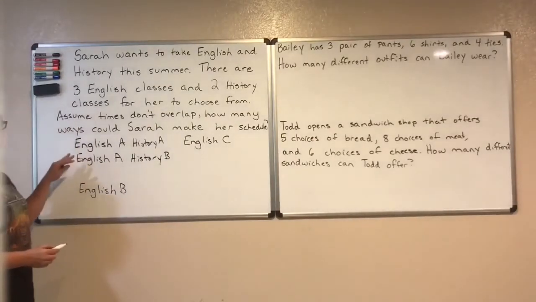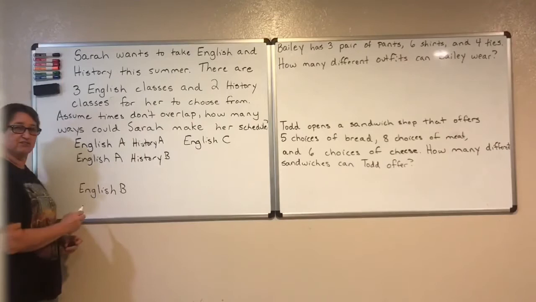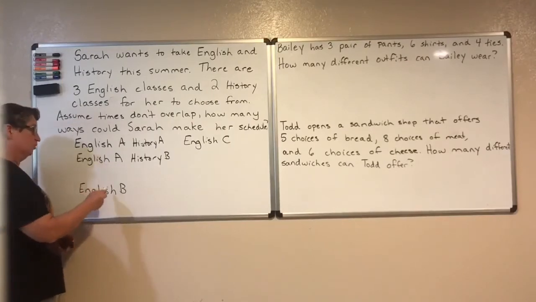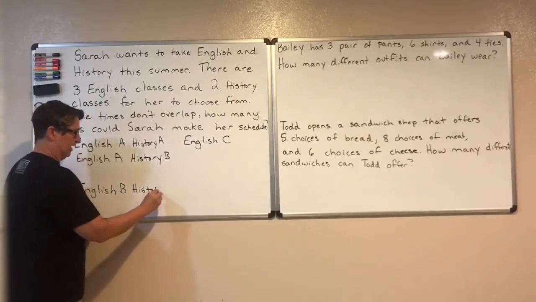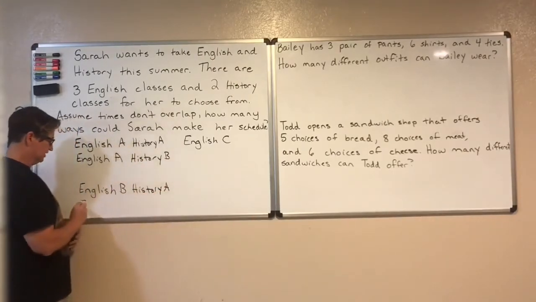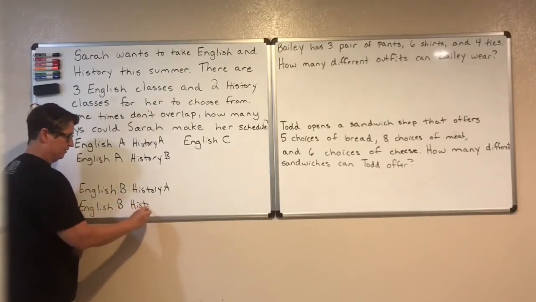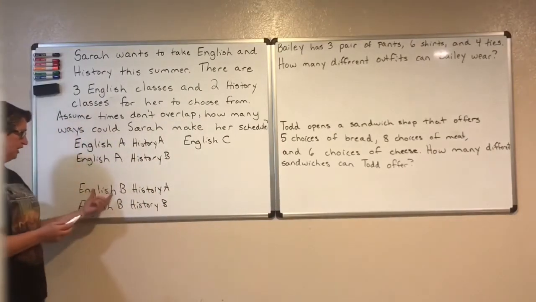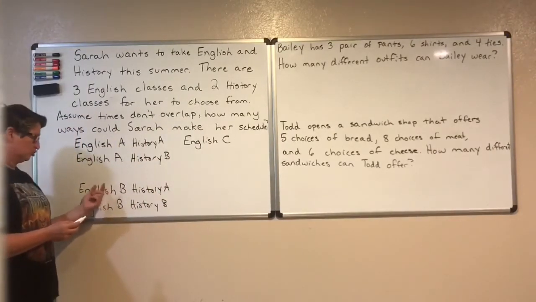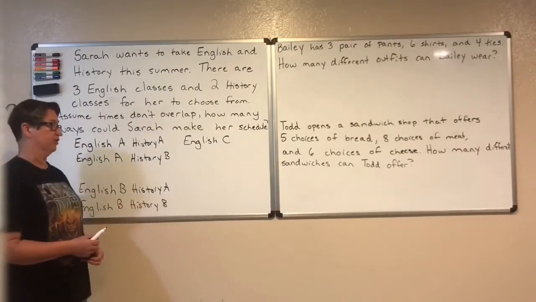Or maybe she looks at that English class and decides she doesn't want to take it for whatever reason, so she decides to take English B. Again, she could take that with History A, or she could take that same English with History B. And notice that the choices are independent of one another. She can make her choice about English, and then she can make her choice about history.